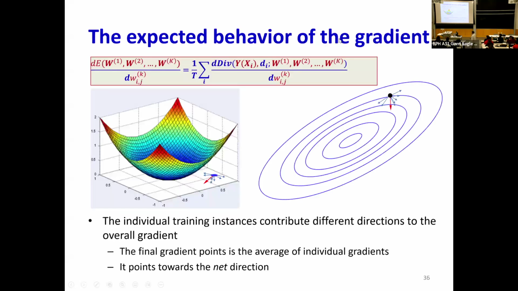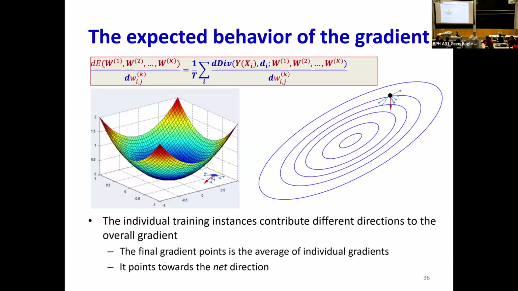So let's look at an extreme example. Now, what happens when I train the model on an entire collection of training data? I'm going to have a loss for each of the training instances, and the overall loss is the average of all of these instance losses. Now, each of these instance losses is a function all by itself, right?